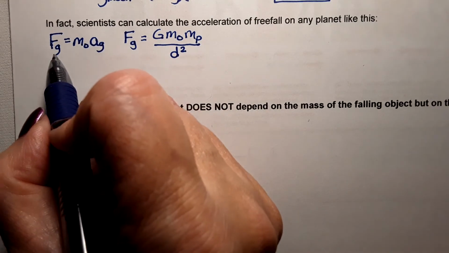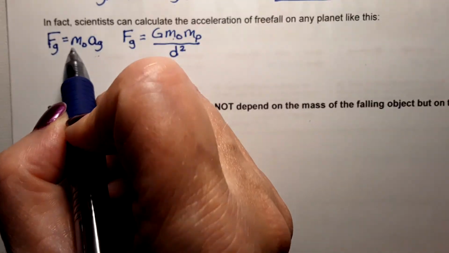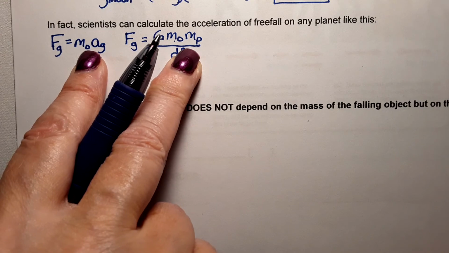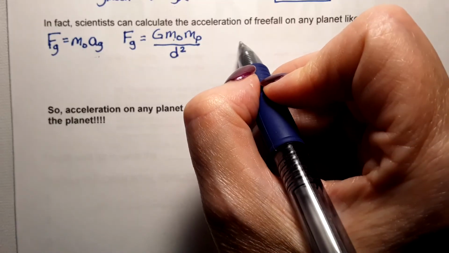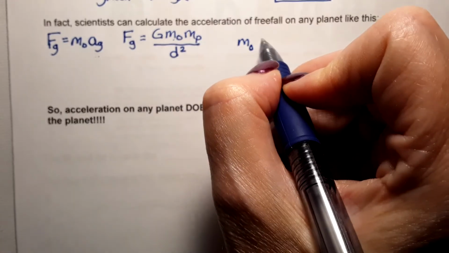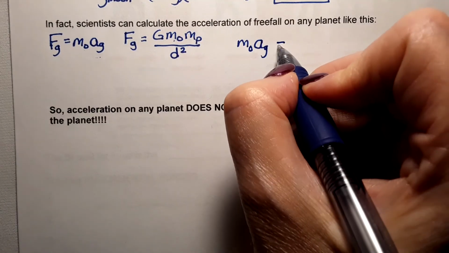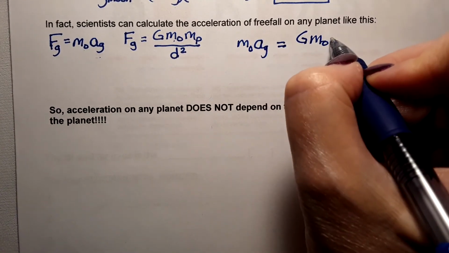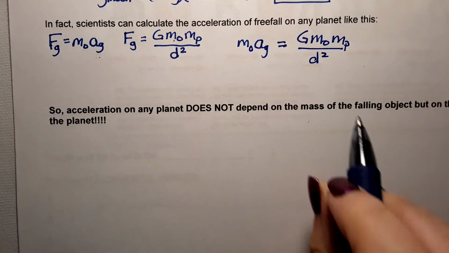Okay, well, if both of these are the gravity of that object on the same planet, we can set these two expressions equal to each other. So watch this. If I say the mass of the object times its acceleration due to gravity on the planet equals big G times the mass of the object times the mass of the planet over d squared.